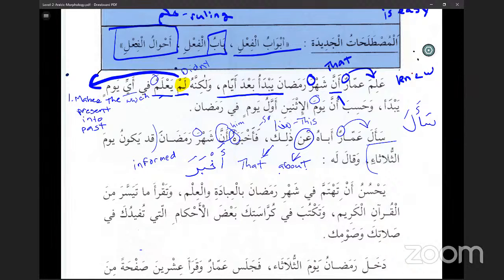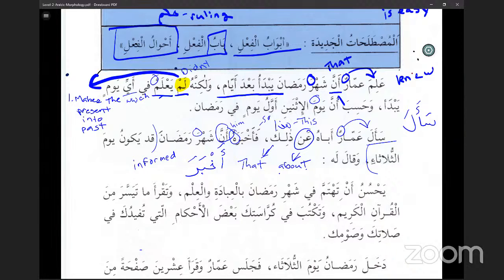So, Ammar asked his father about that. So he informed him that the month of Ramadan might be, because qad, when it comes with the present tense verb, adds doubt. It adds might, maybe, right? So it might be Tuesday.